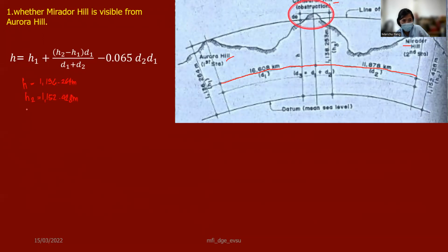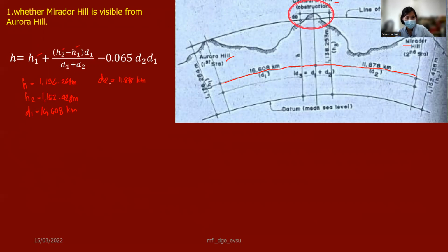And then given yung ating D1, which is 16.608 kilometers. Then ano yung ating D2 ay 11.878 kilometers. So we have D1, we have H1, we have H2, then direct substitution na.